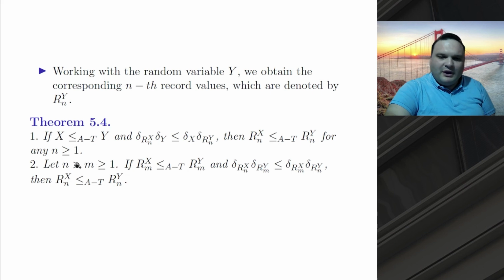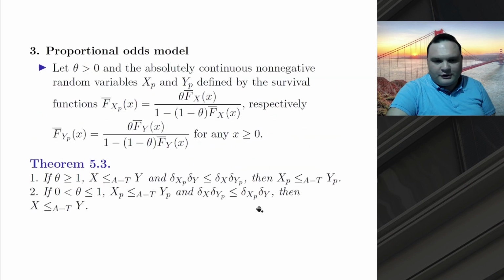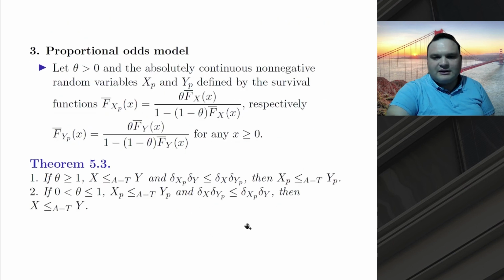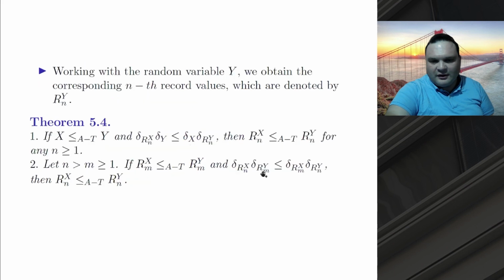And we have another point here, namely, if n is strictly greater than m, being positive integers, and if Rmx is smaller than Rmy in Awad-Tsallis Quantile Entropy order, then Rnx is smaller than Rny in Awad-Tsallis Quantile Entropy order. In all 4 theorems, we have some conditions for the supremum: delta x, delta y, delta x theta, delta y theta, delta r, n x, r, n y, etc.